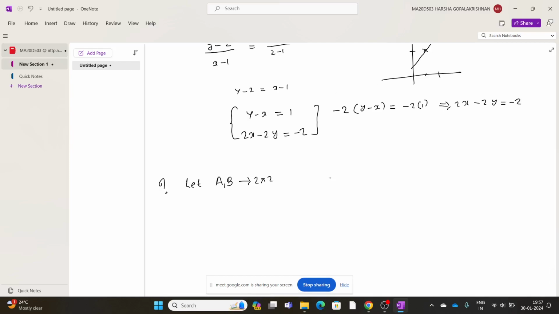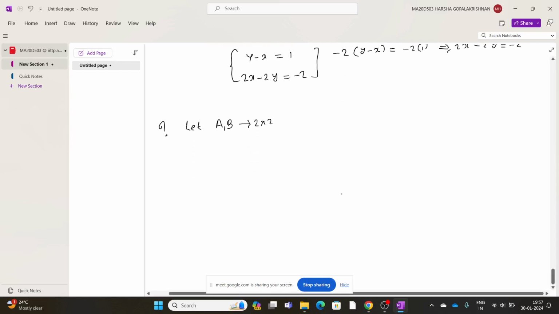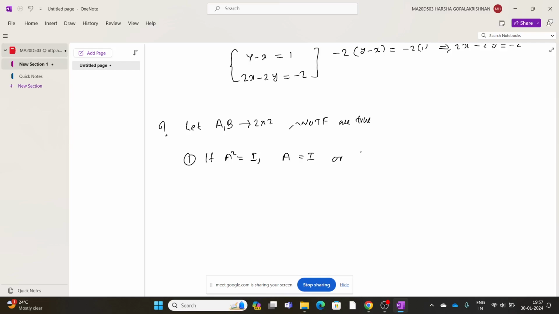So the next question is, if A and B are some 2 by 2 square matrices, then which of the following are true? If A square equals I, then A equals I or A equals minus I. Okay, I will write two more statements.